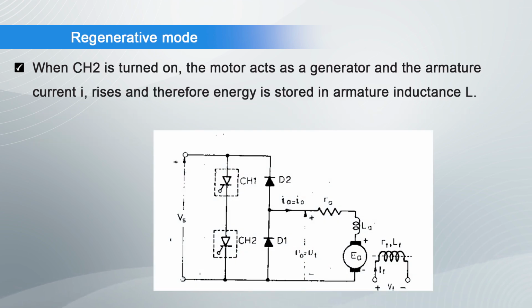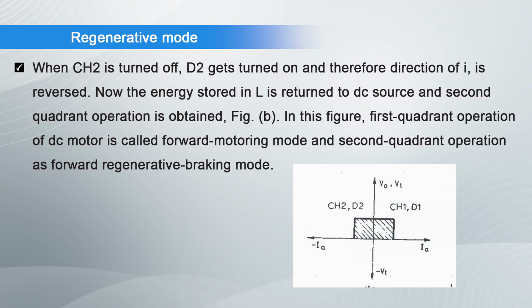The next mode is regenerative mode. When CH2 is turned on, the motor acts as a generator and the armature current I rises, and therefore energy is stored in armature inductance L. When CH2 is turned off, D2 gets turned on and therefore the direction of I is reversed.